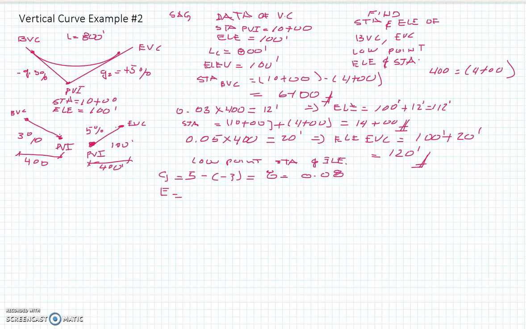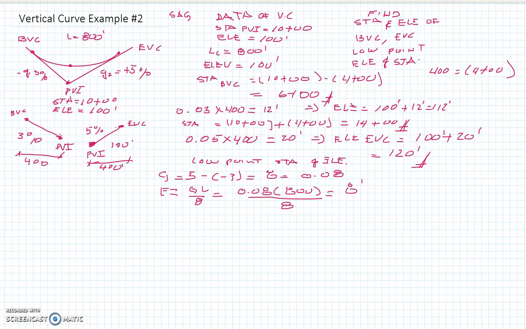The e is the distance between the curve and the PVI, and you find it with the formula gL divided by 8. So this will be 0.08 times 800, divided by 8, and this is equal to 8 feet.